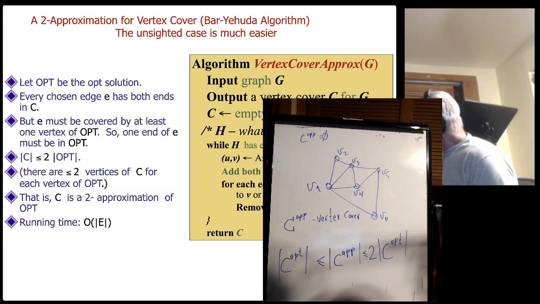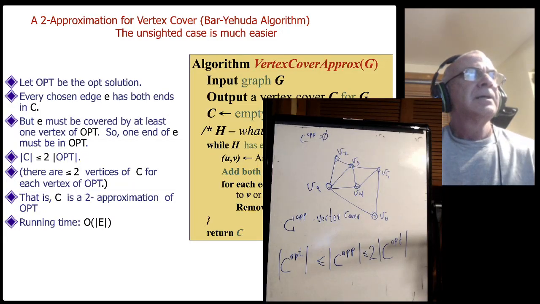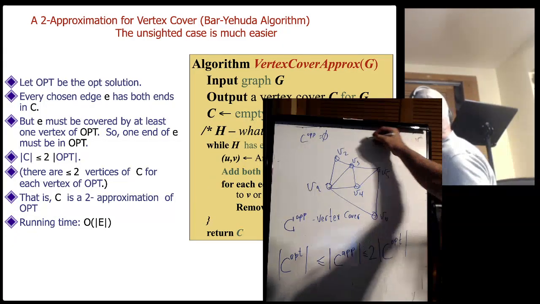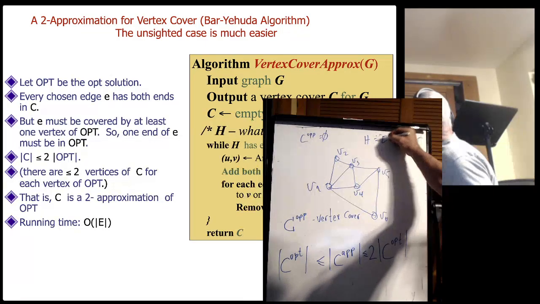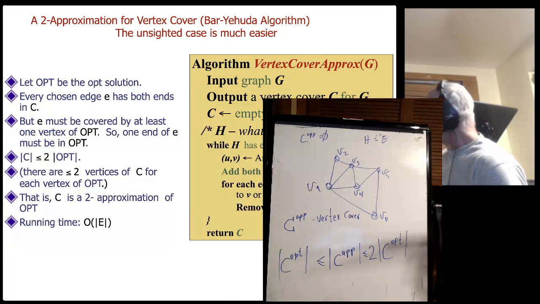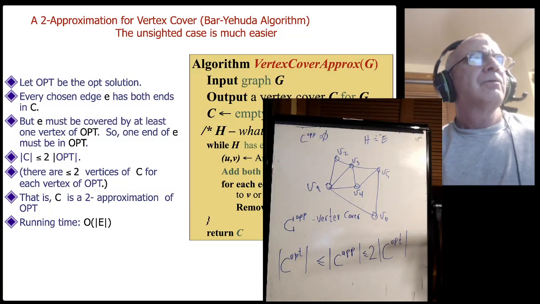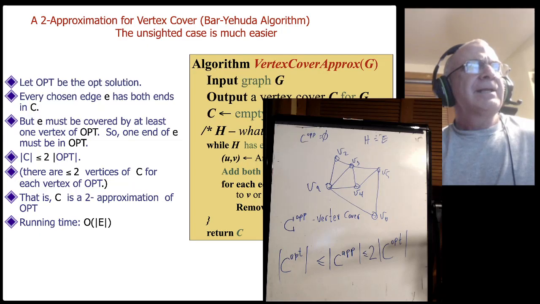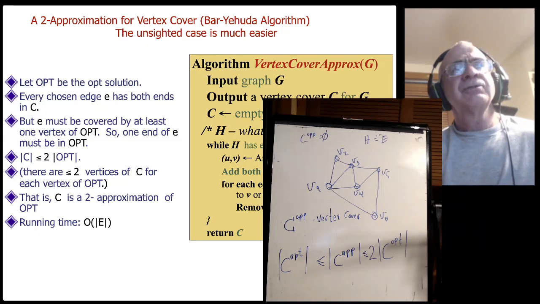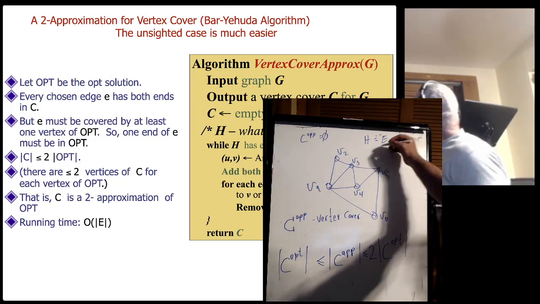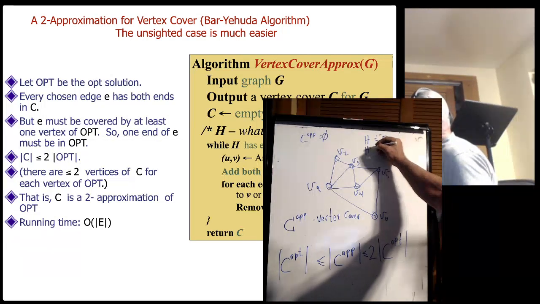And the algorithm says pick all the edges in the set H. So right now, H is nothing but E. I'm looking at all the edges of the graph. And I'll pick an edge that is not covered yet. H are the edges that are not covered yet.